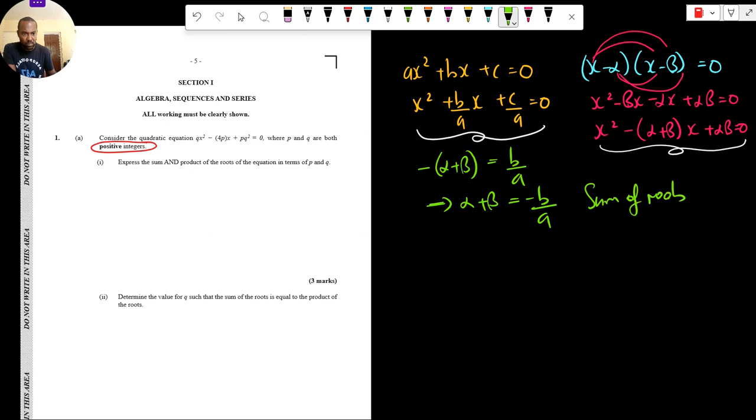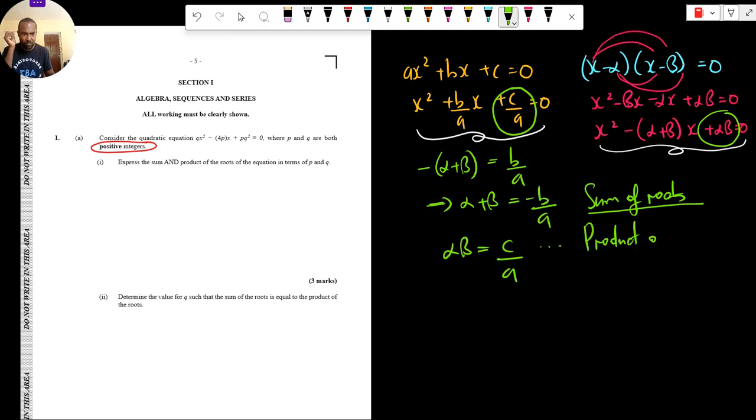Now, in terms of the product of the roots, we see that alpha beta here, if we compare it to this version of the equation, we see that alpha beta would be the term independent of x. And so we see that alpha beta is equal to c over a. And this gives the expression for the product of the roots, right?